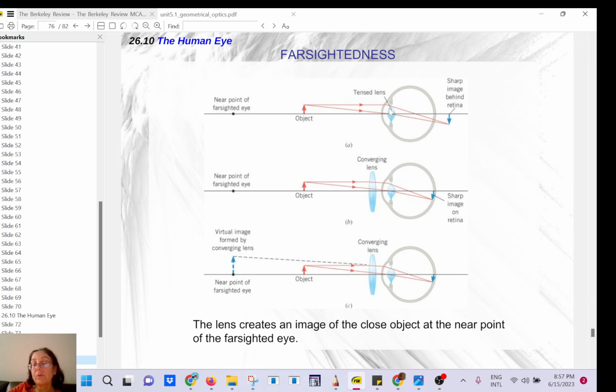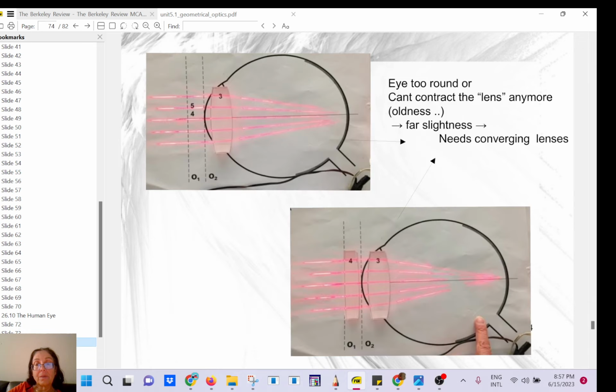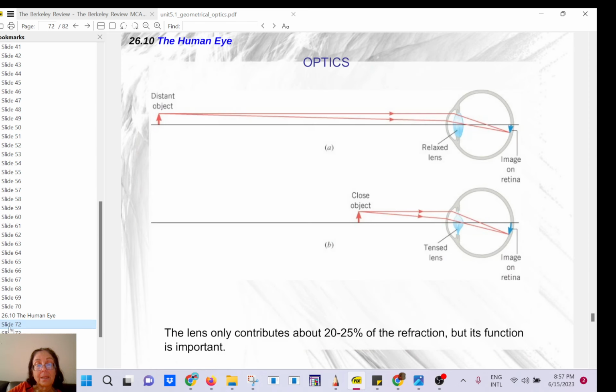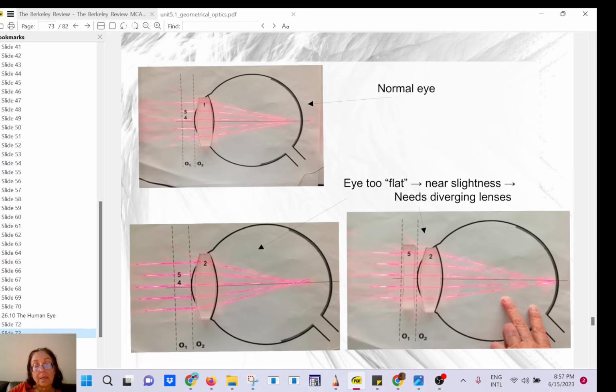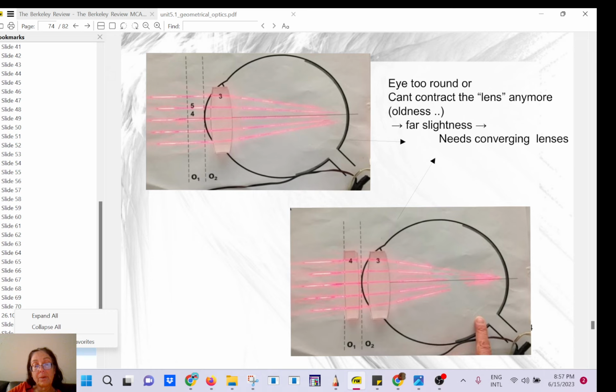Okay, so with a healthy eye, let's see if we have a healthy eye here. Healthy eye, you see, when the object is close, the lens becomes thicker and you bring the image on the retina.